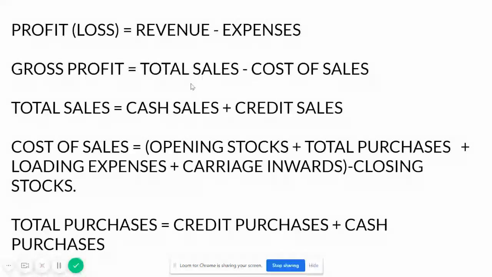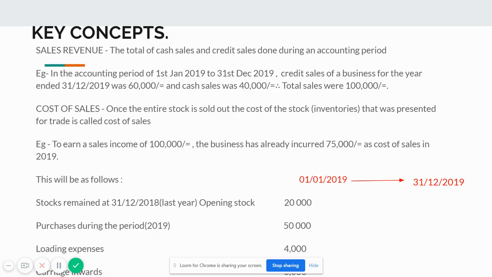Now you know what the total sales are. Here again it can be shown like this: total sales is the total of cash sales and the credit sales. Then we'll move on to the next concept, cost of sales.